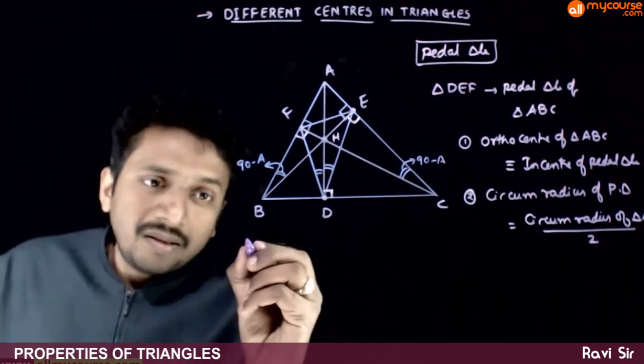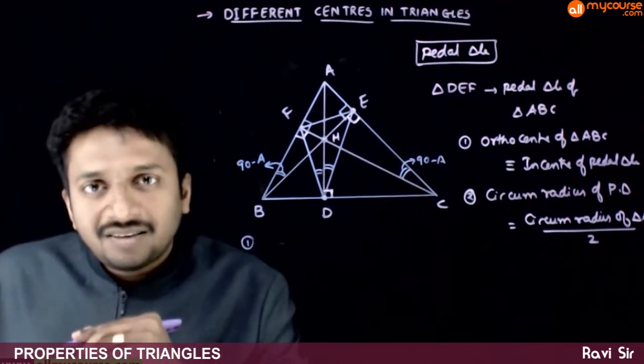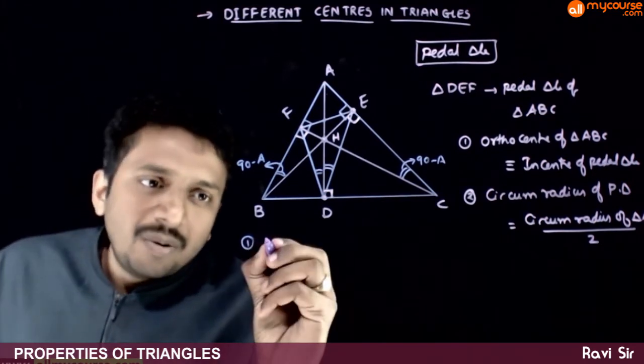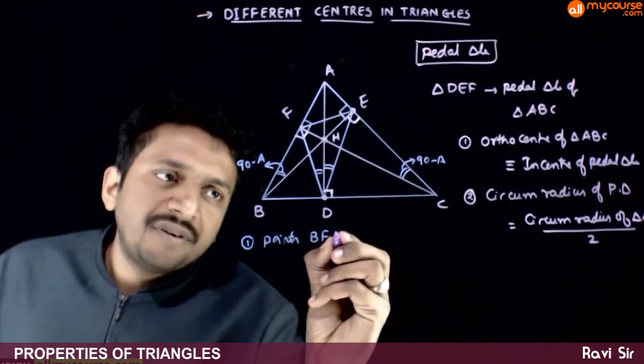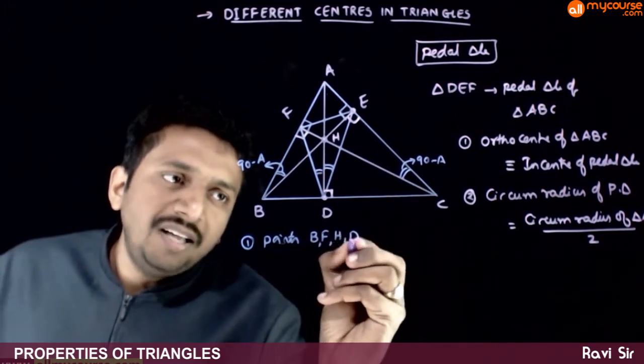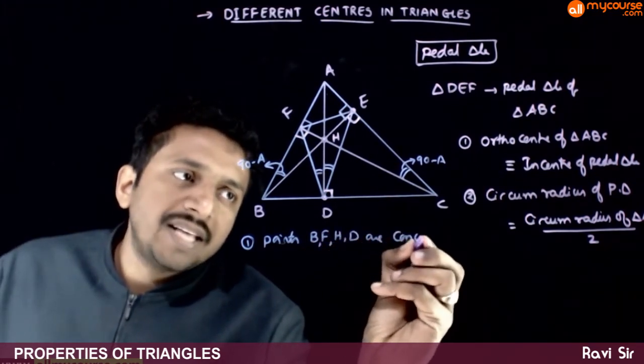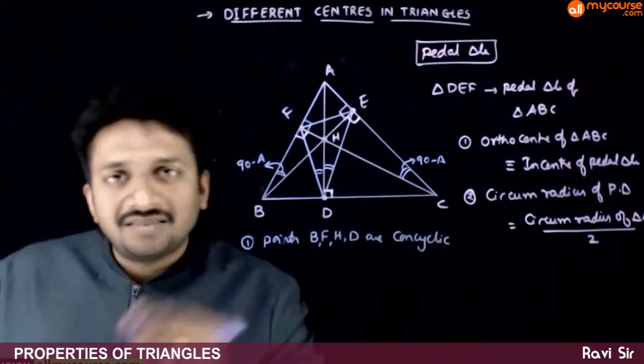Now, I'll use the first result, which is that points B, F, H, D are concyclic. Can I say this?